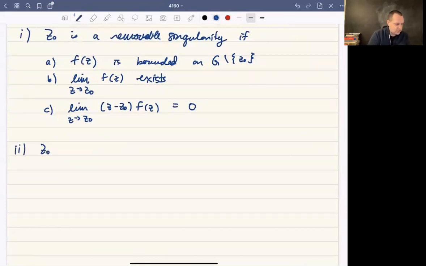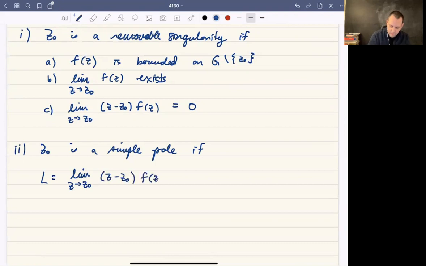z naught is a simple pole if the following happens. Let L be the limit as z approaches z naught of z minus z naught times f. So if L exists and is non-zero, then z naught is a simple pole.